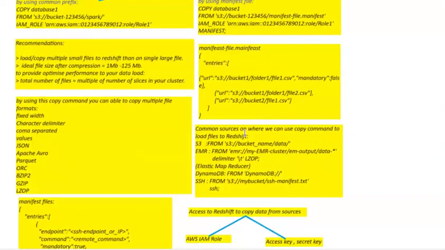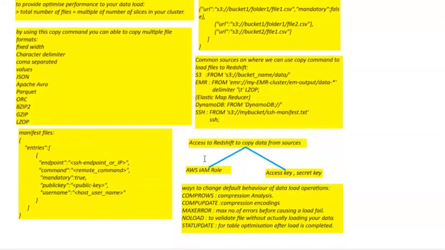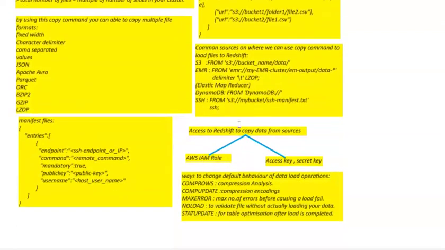Do I load my files to Redshift? You have seen all those things. And how can we provide access to those sources to Redshift, why IAM is better compared to access key and secret key for copying the data from other sources, and what are the default behaviors of data loading operations.